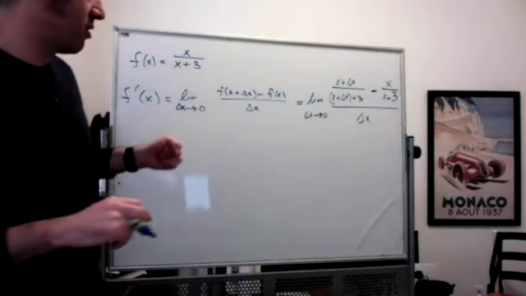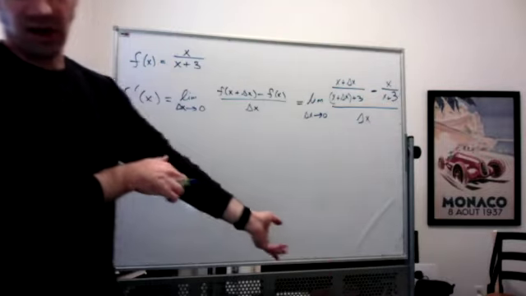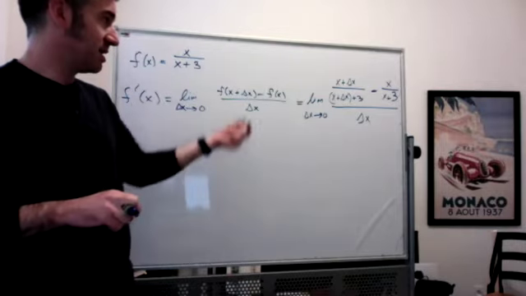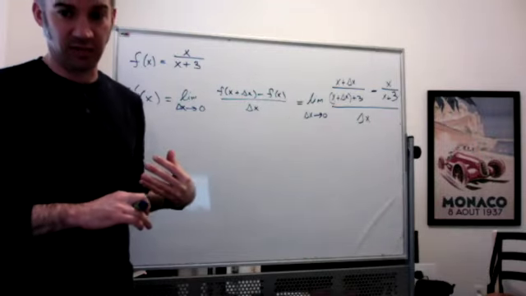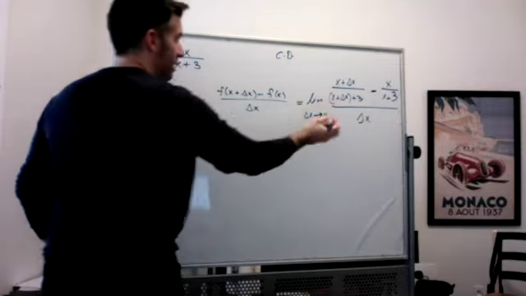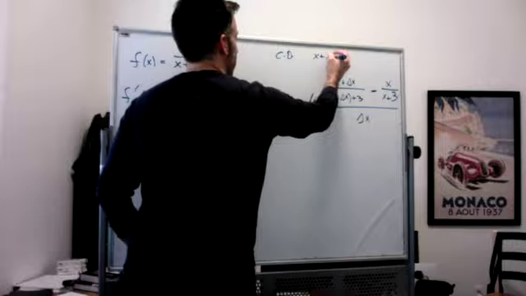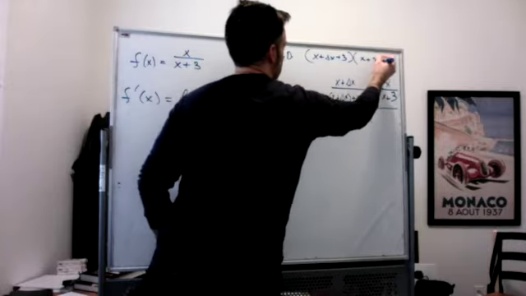You might think I can just throw in a delta x here to get the common denominator. We cannot. Our common denominator is not particularly nice. It's the product of these two denominators, x plus delta x plus 3 times x plus 3. So our common denominator here is x plus delta x plus 3 times x plus 3.